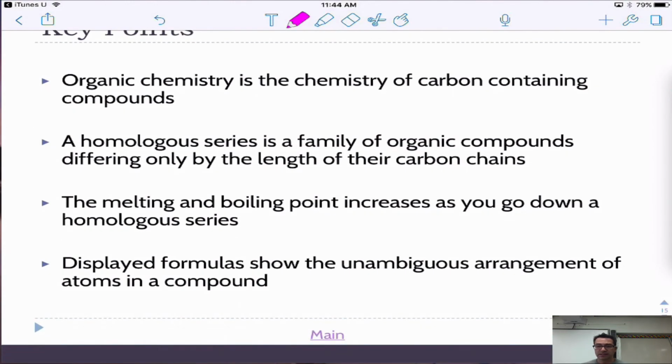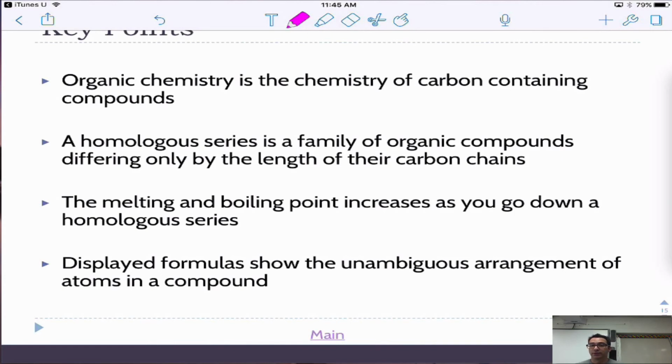So look, here are some key points to this. You have carbon in the compounds. That's what makes it organic. You don't need hydrogen, but it's there a lot. Not every compound with carbon is organic. When you have a homologous series, they differ only by the number of carbons in their chain. They'll have the same functional group if they have a functional group. They'll have the same general formula.